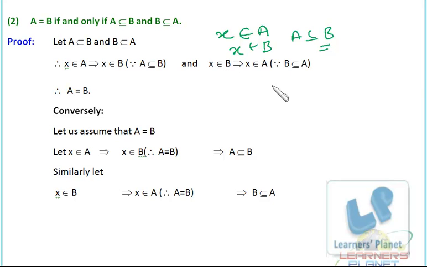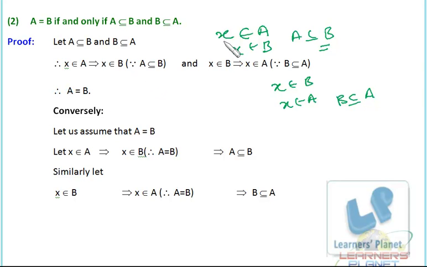Now secondly, X belongs to B and X belongs to A, that means B is a subset of A, right? So if X is an element of A and X is an element of B, that means A is a subset of B and B is a subset of A. That is possible only when A is equal to B, right?